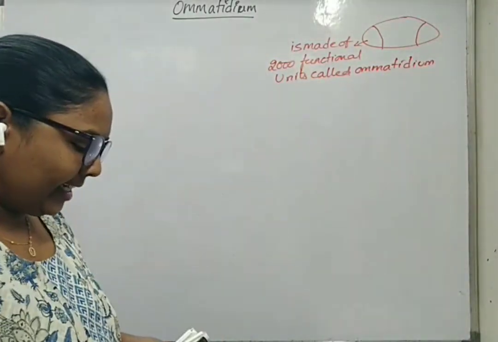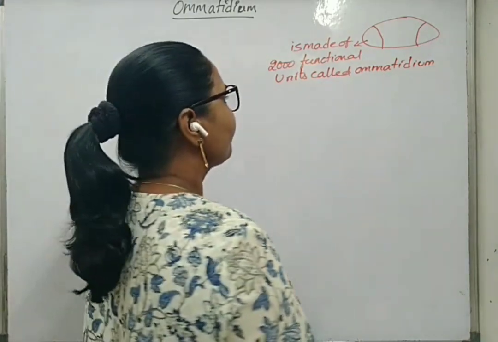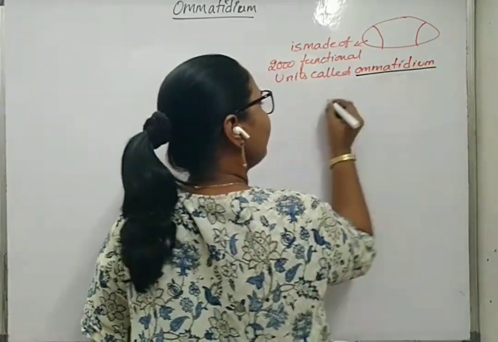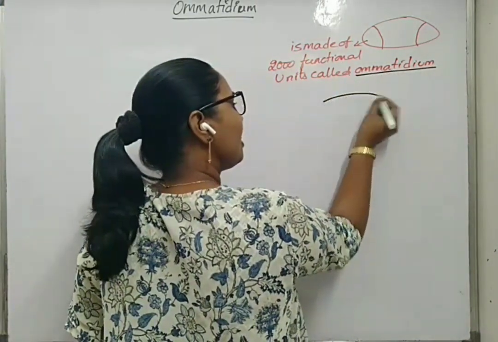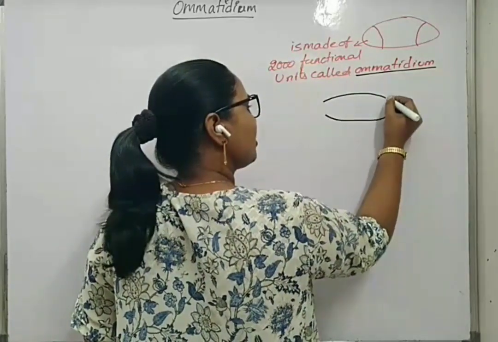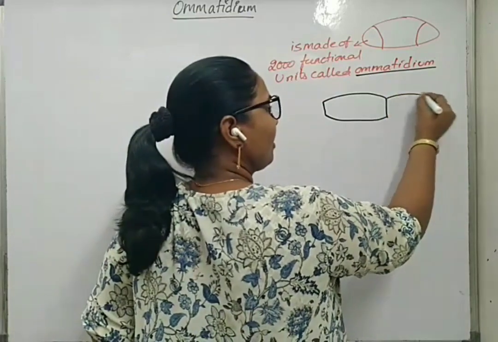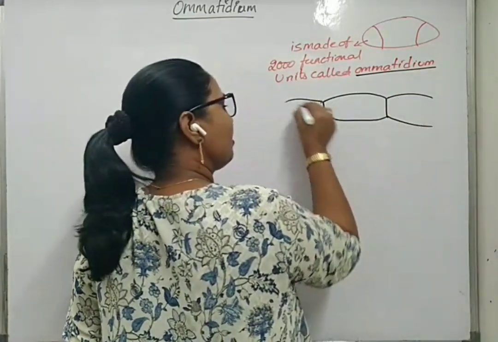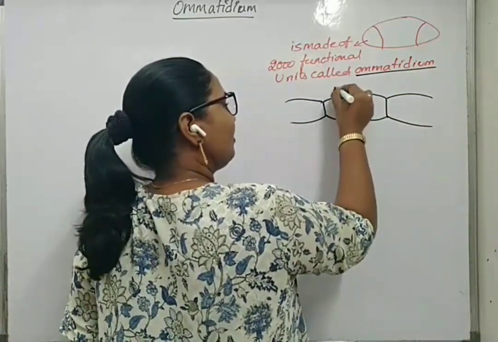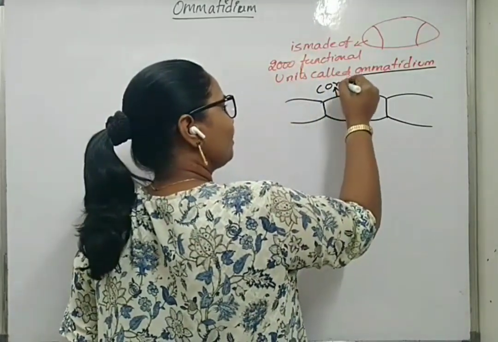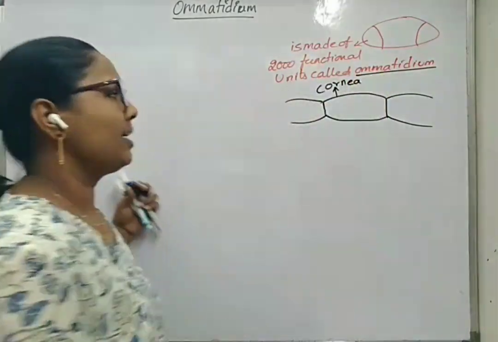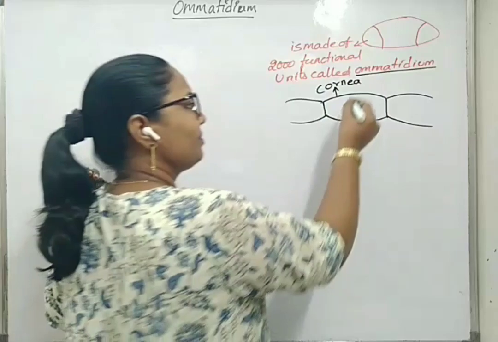We will see the detailed structure of Ommatidium now. Each Ommatidium has a hexagonal structure that we call a hexagonal facet. This one we call the cornea, or hexagonal facet.